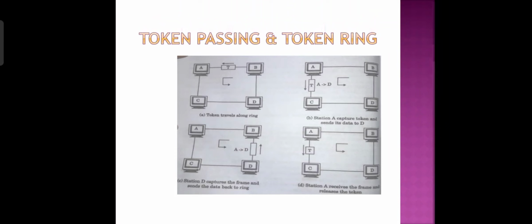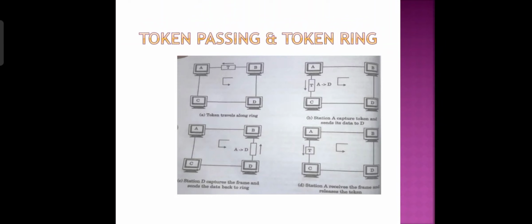If the token is free, the station may then send a data frame. It keeps the token and sets a bit inside its NIC as a reminder that it has done so, and then sends its data frame.